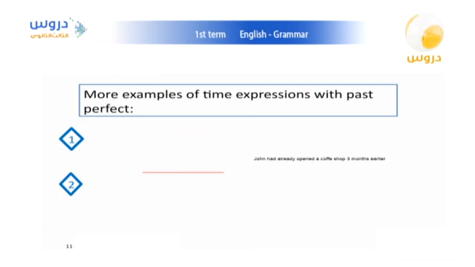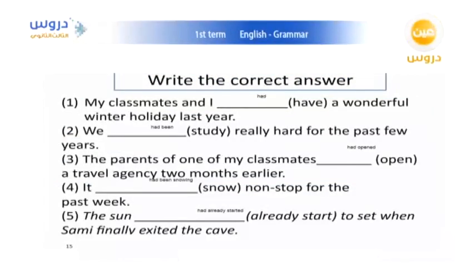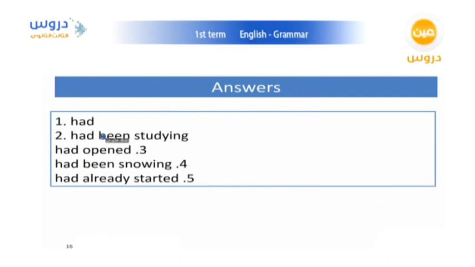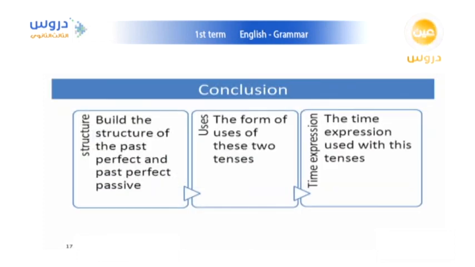So the last one is it had already started, and we try to answer all these questions, and we now have the slides for answers. You can look at it. Had been studying, had opened, had been snowing, had already started.